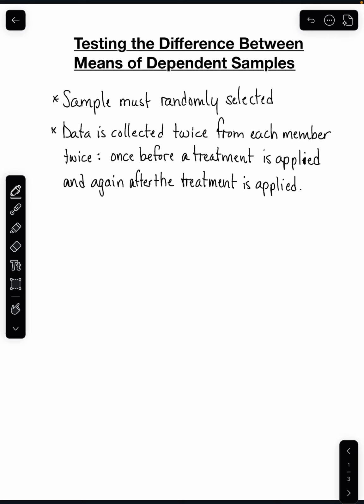So one of the things that matters here is that we have a single sample that is of a single size. When we tested the difference between means of independent samples, we had to contend with the fact that the samples may be different sizes, and very often were different sizes.